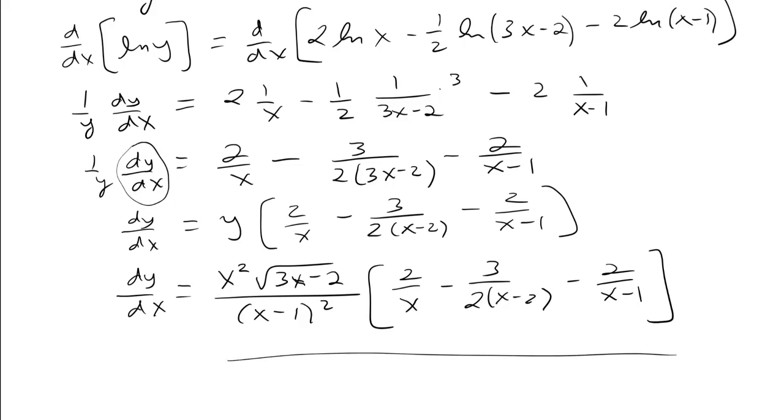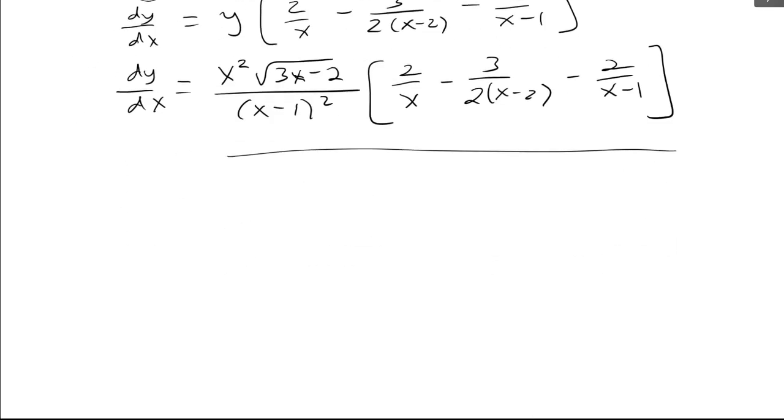Okay, so that was actually a lot easier than doing all the quotient and product and chain rule that would have been involved in doing the straight derivative. So by using logarithms and then using implicit differentiation, I got my derivative.